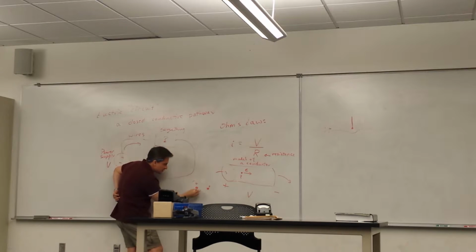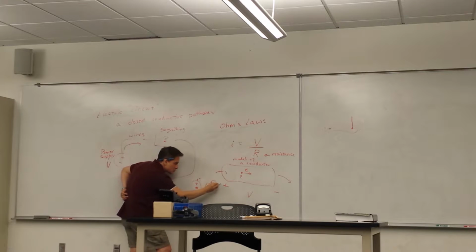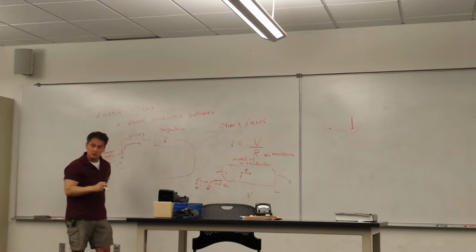You have an atom, each of them has an electron. As you push this electron over, and this electron is pushed over, it's going to be suddenly attracted to this positive charge, which is going to impede its movement to keep going forward.